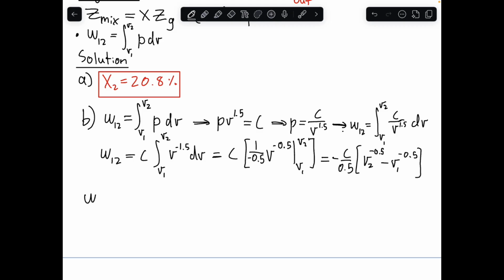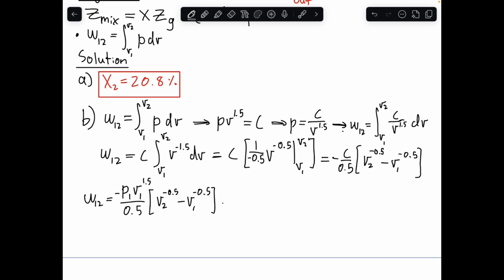So we'll get our work from 1 to 2 is equal to P1 times V1 to the 1.5 over, this is a negative over 0.5 from this equation here. I'm just plugging in for C, times V2 to the negative 0.5 minus V1 to the negative 0.5.